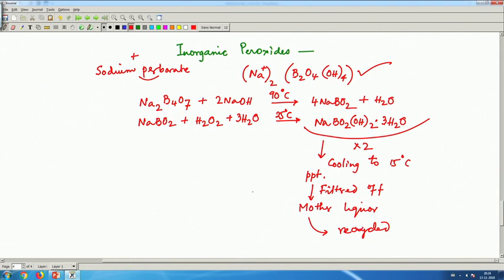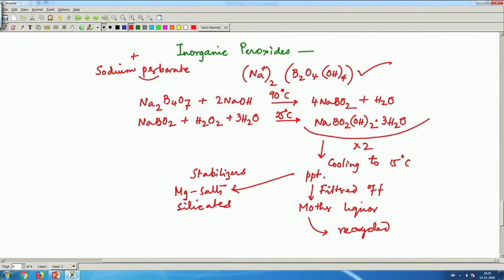So, the precipitate is basically giving us this compound, which is that boron based inorganic peroxide. Like our hydrogen peroxide H2O2, we have to add a stabilizer here also, and these stabilizers are magnesium salts and some silicates.